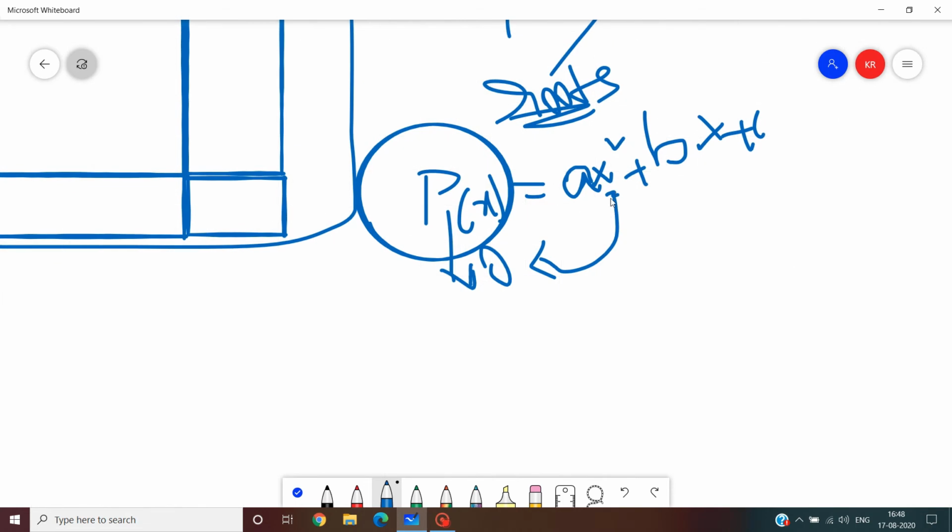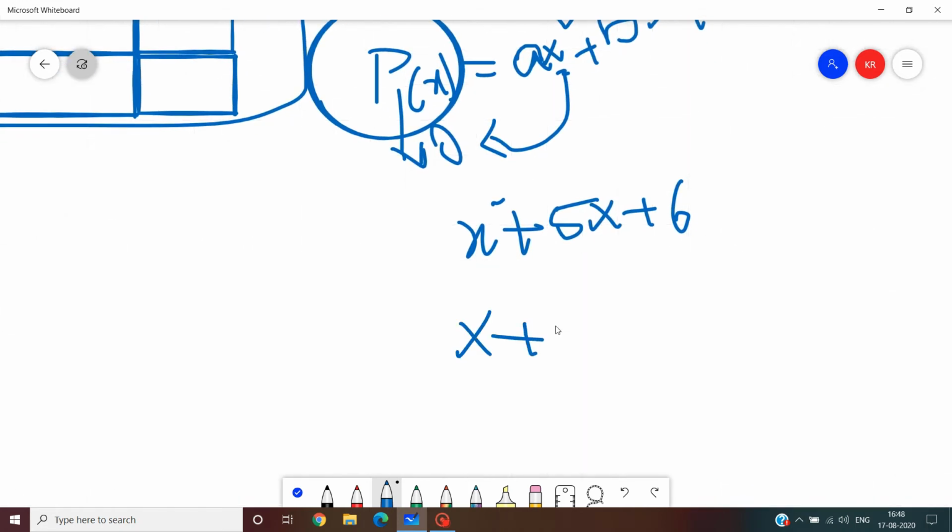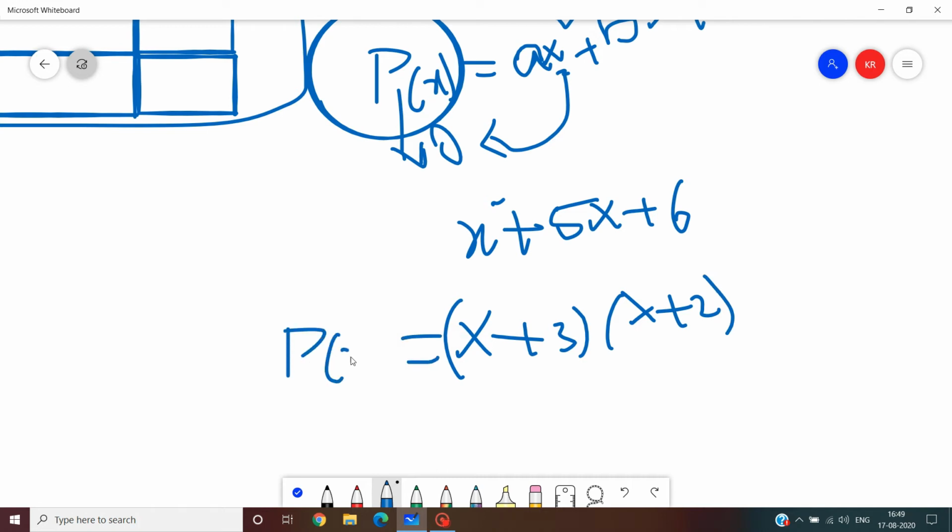So let's see, if I am taking some basic equation like x square plus 5x plus 6. See, this can be factorized into x plus 3 into x plus 2, right? So p of x is equal to x square plus 5x plus 6, we can factorize it into x plus 3 into x plus 2.